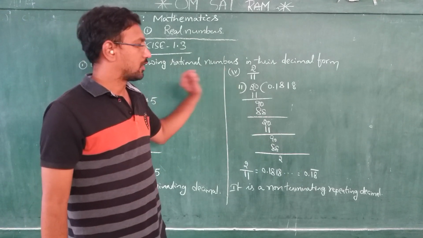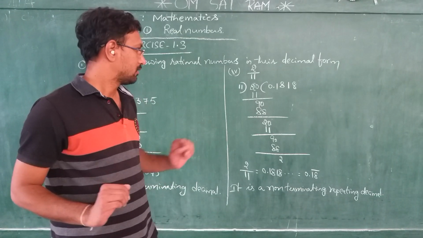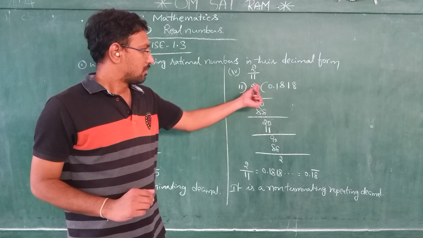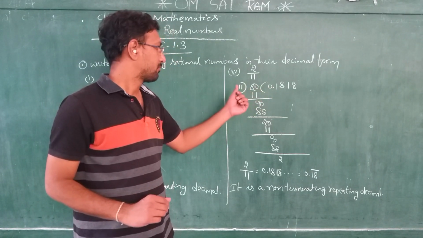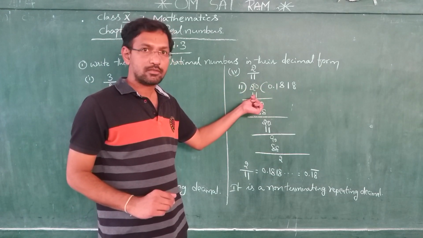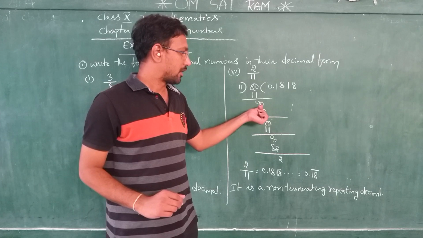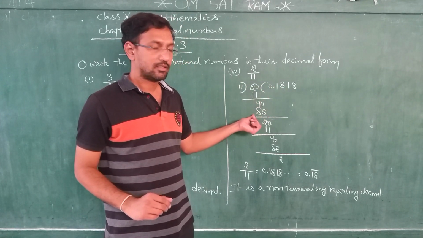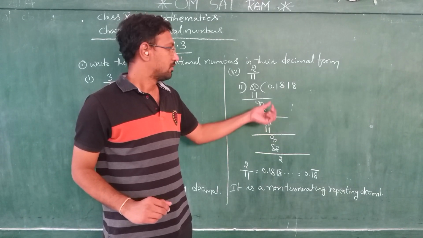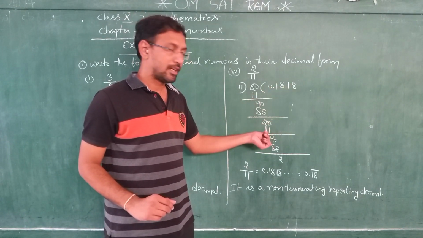Another problem, fourth one, 2 by 11. We divide 2 with 11. We are keeping here 0 point. Then it becomes 20. 11 1s are 11. Remainder is 9. Because of the decimal point we keep 0 here. 11 8s are 88. Remainder is 2. Again we keep 0 here. 11 1s are 11.